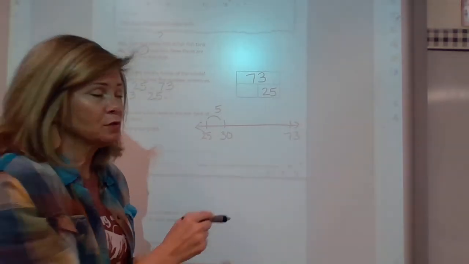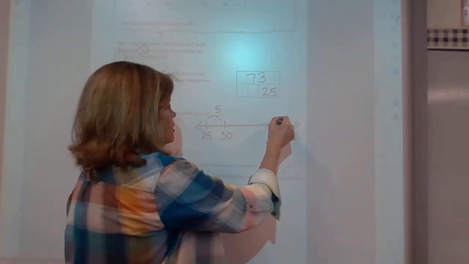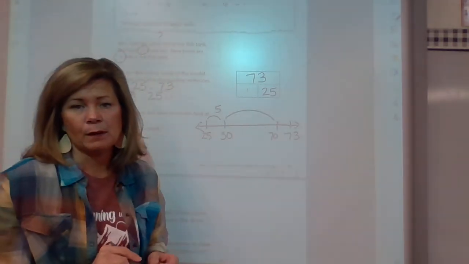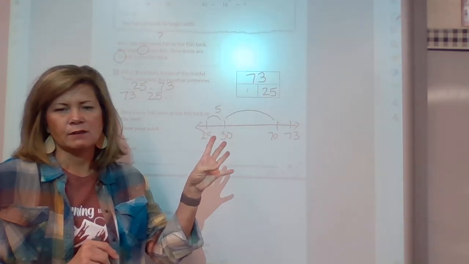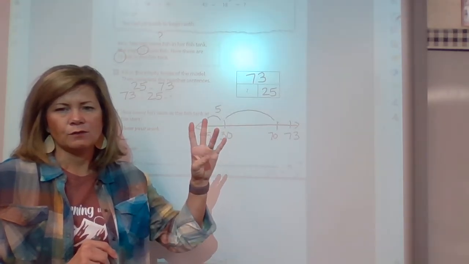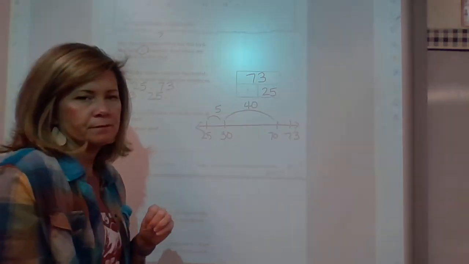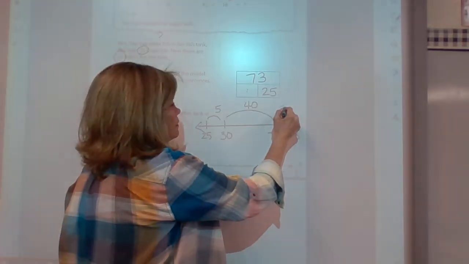What's my next closest 10 below 73? Well, it's 70. So how many from 30 to 70? 30. Now remember, we're counting by tens. 30, 40, 50, 60, 70. 10, 20, 30, 40. Okay? And this one is pretty easy. From 70 to 73 is 3.